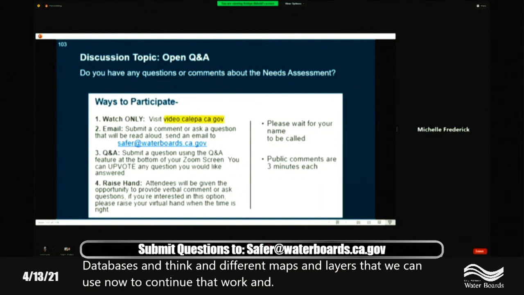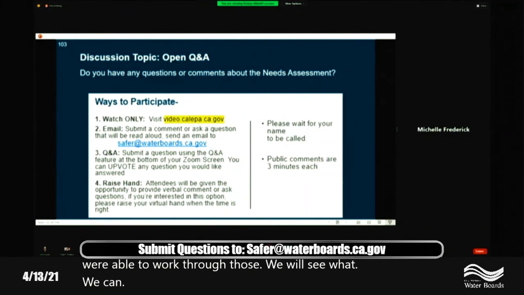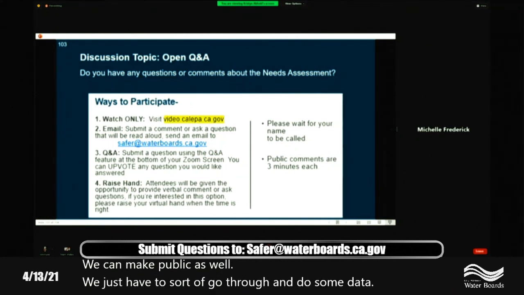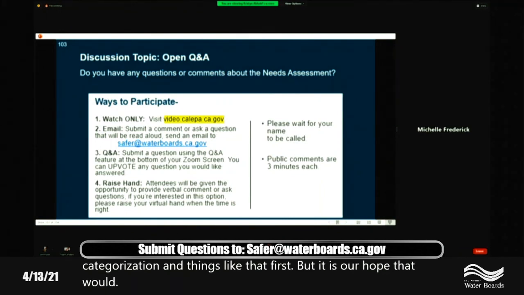And as time moves forward and we're able to work through those, we will see what we can make public as well. We just have to go through and do some data categorization first. But it is our hope that that would be coming in the future.